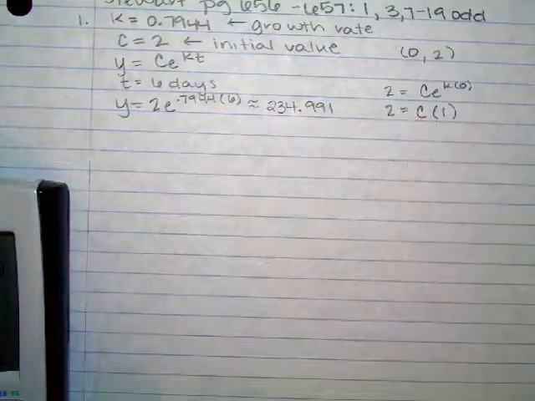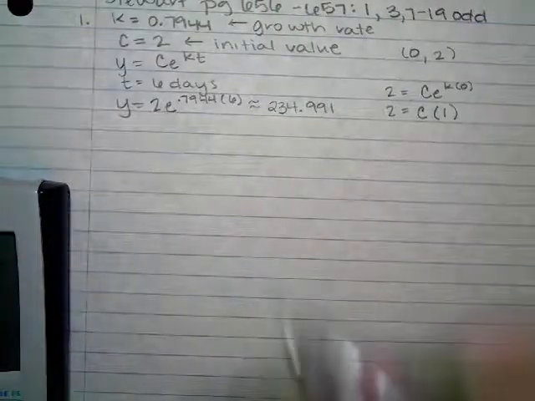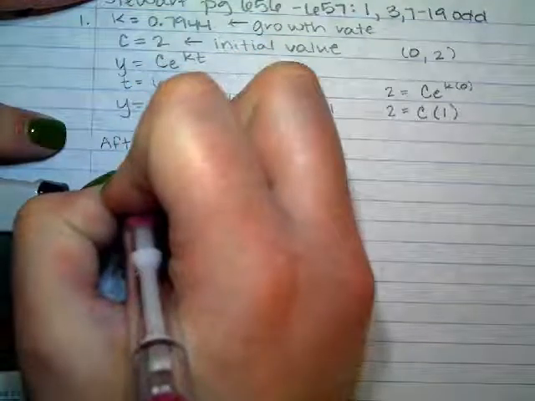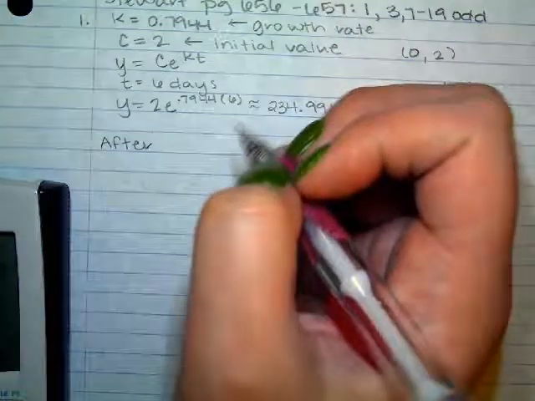All right, 234.991. And so we're going to say after 6 days, because at this point, we always want to be able to answer our questions in context, right? AP does that to us all the time.